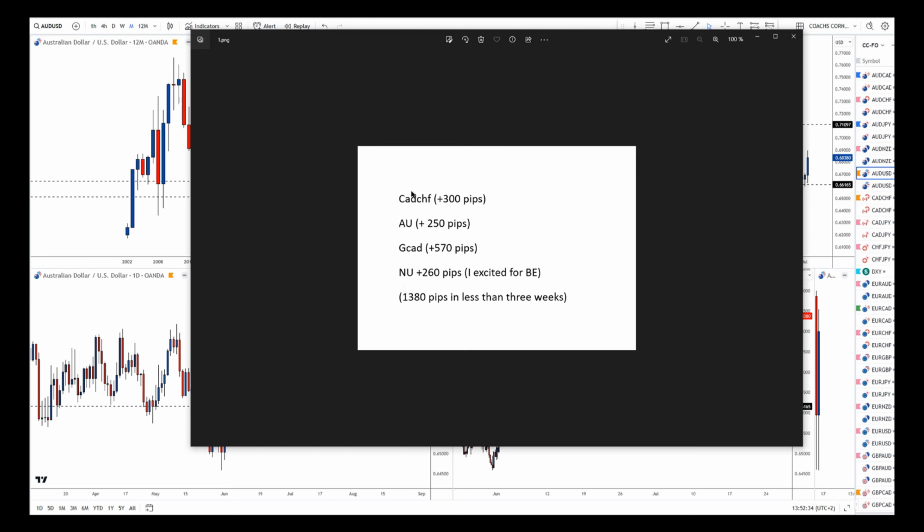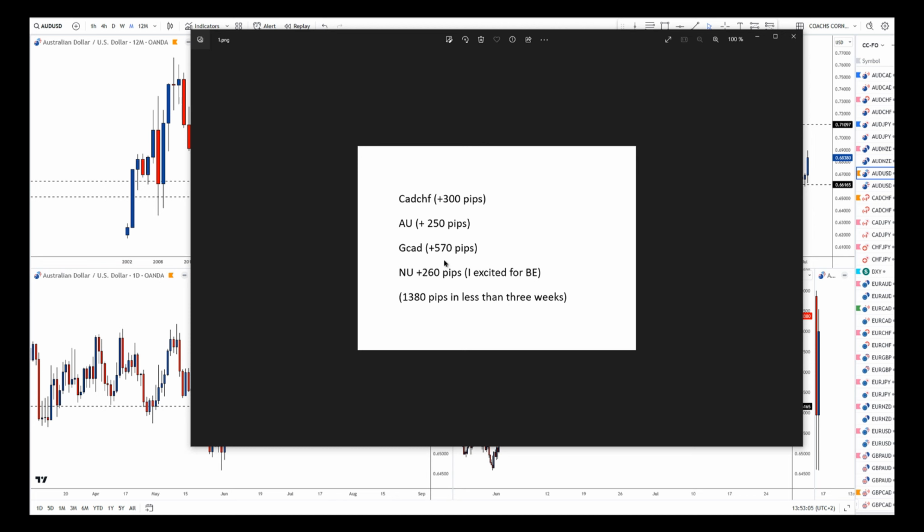I will go through these pairs for you, and the result so far is around 1,380 pips in total, and this is by far the best summer I have ever experienced in my 17 years of trading. As you all know, the first 10 years was struggling, and then for the past 7 years I have been a professional trader. So this is the best summer ever.